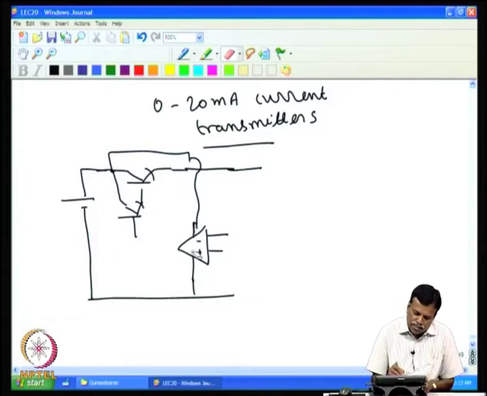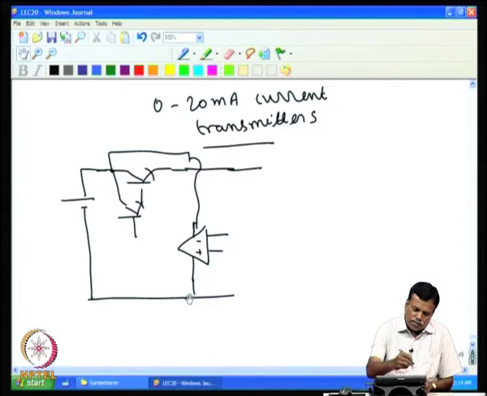So, one gets a DC supply straight away, and even if this voltage changes, obviously the current will change, but that current is no more an issue, because we are not measuring the current flowing through this in the 3-wire system. So, the design becomes slightly easier.